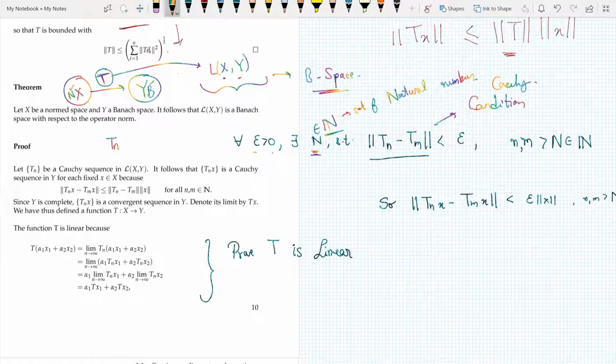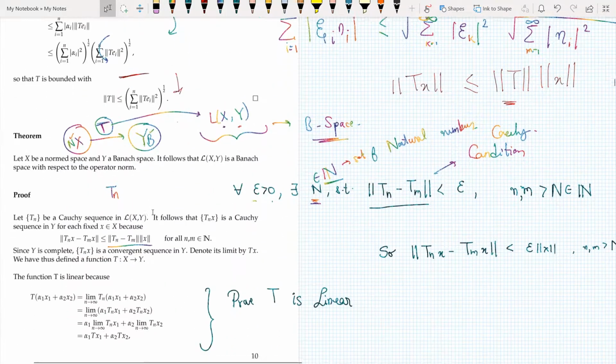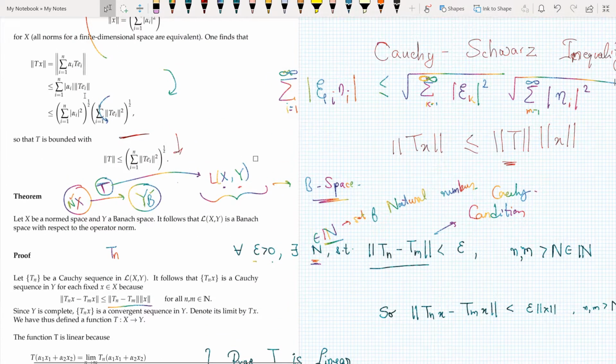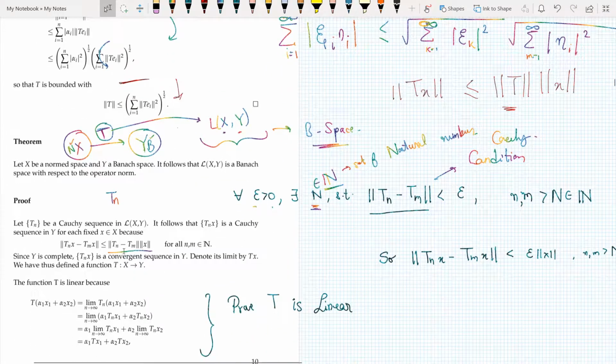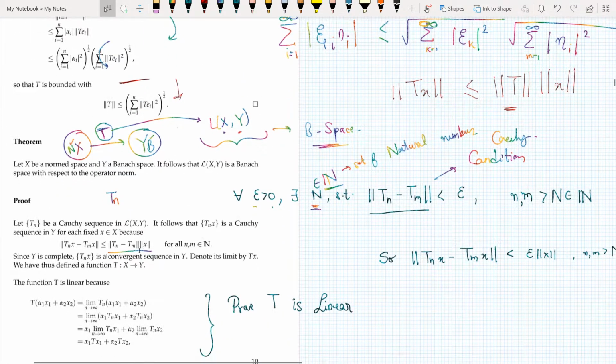And now I know that if Tn is a Cauchy sequence, then I can write this Tn x minus Tm x like this. We just discussed a few minutes ago how I can break my operator into two pieces. I can take the x out since my T is linear, so I can write it like this.